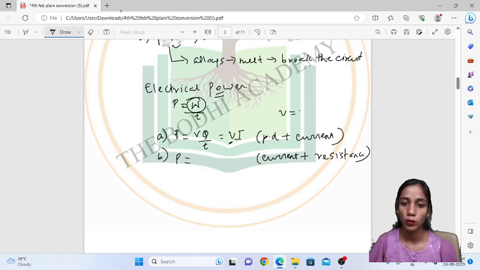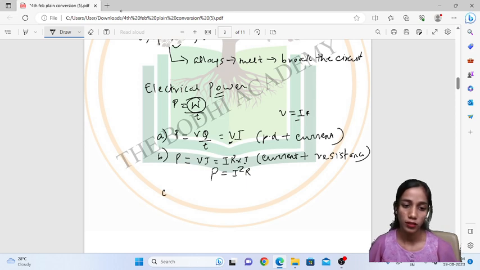Ohm's law is V equals IR. So we are substituting V with IR. We will get VI equals IR into I, which equals I square R. So the second formula is P equals I square R.